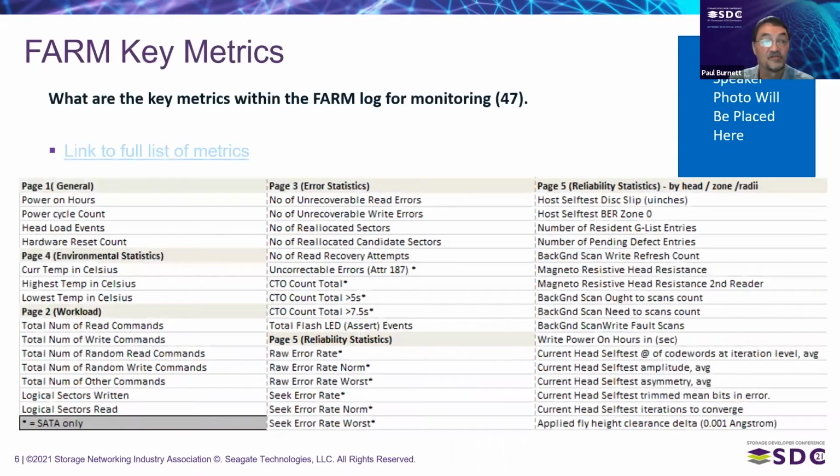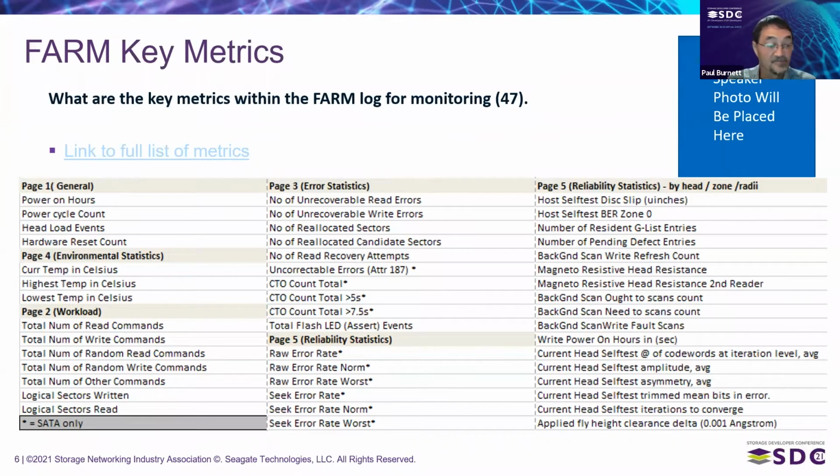So let's talk about some of the FARM key metrics. These are about 47 of the 140 to 170 plus metrics that we have. I'm not going to cover all these in detail, but it's just an accumulation of lists. Usually in the general area, you see the power on hours, power cycle counts, how many head load events you have.